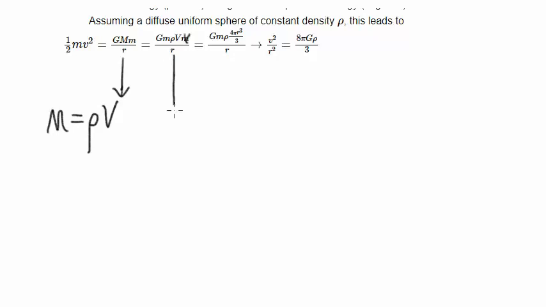Okay, with the second thing here, gm rho v, gm rho, there's our volume. I'm replacing volume with 4 pi r cubed over 3.